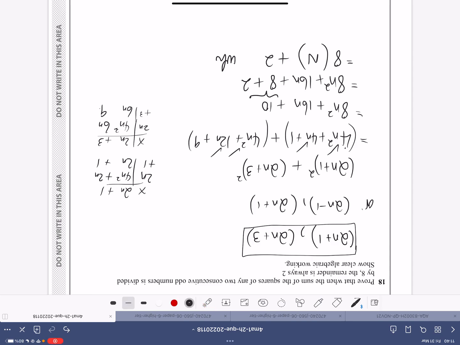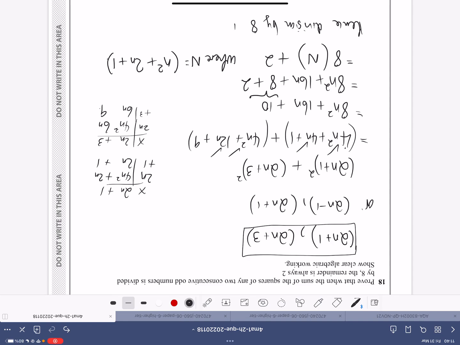And this is where capital N is actually n squared plus 2n plus 1. Because look, 8 times n squared is 8n squared, 8 times 2n is 16n, 8 times 1 is 8. So that's left 2.